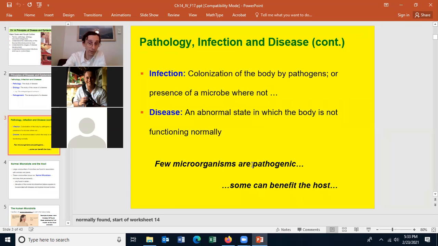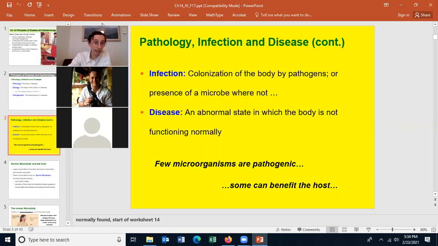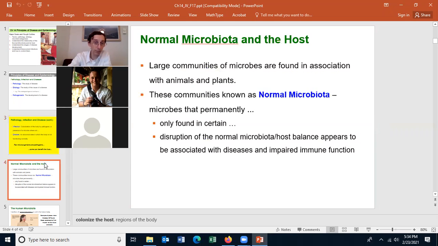Many of the beneficial bacteria are the bacteria that are normally found in and on our body, and we call them our normal microbiota. The normal microbiota are large communities of microbes found in association with all animals and plants.